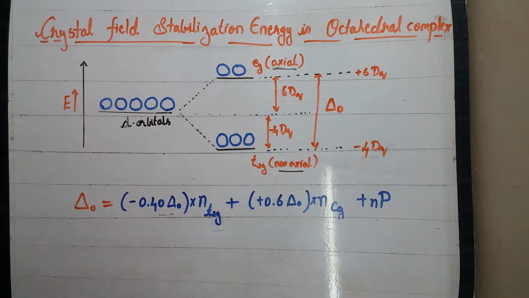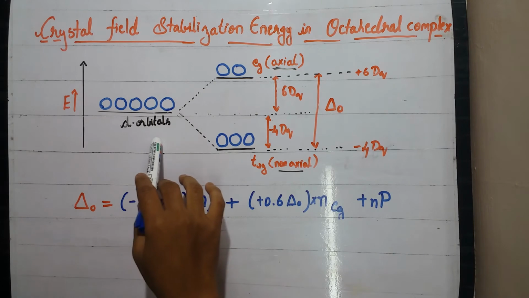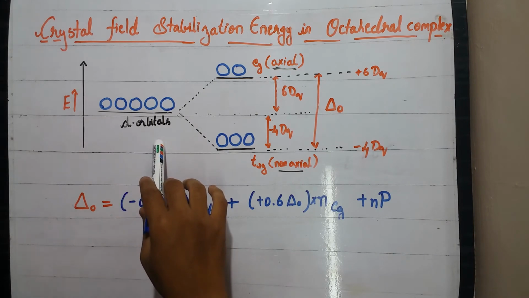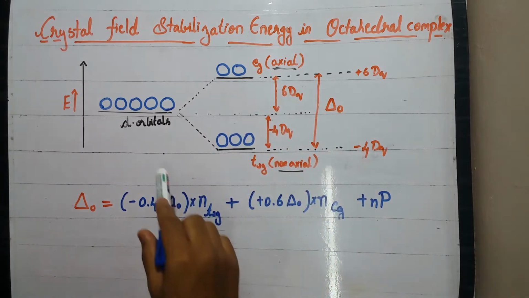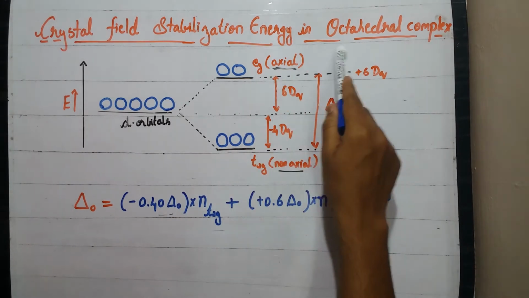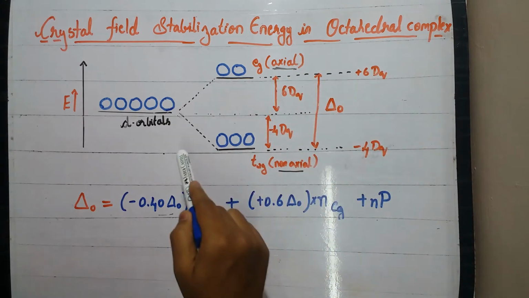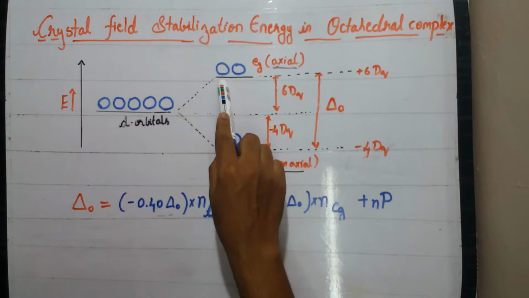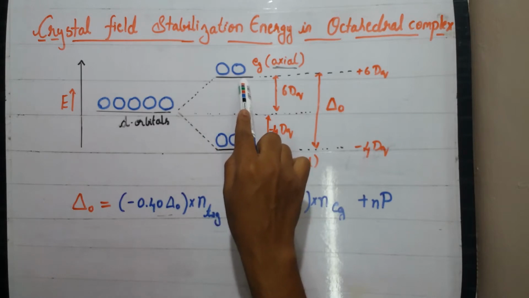Let us brief about the crystal field splitting in octahedral complex. These are the 5 degenerate d orbitals. As the ligand approaches the octahedral complex, we know that the ligand approaches in the axial direction. In the axial direction, there are dx square minus y square and dz square lying.